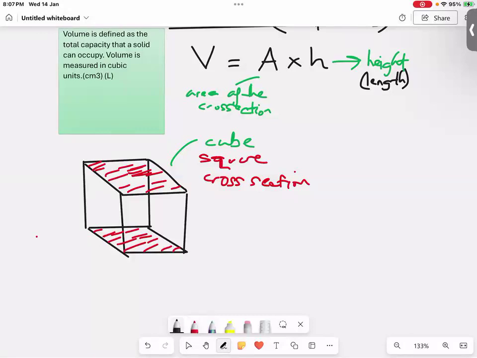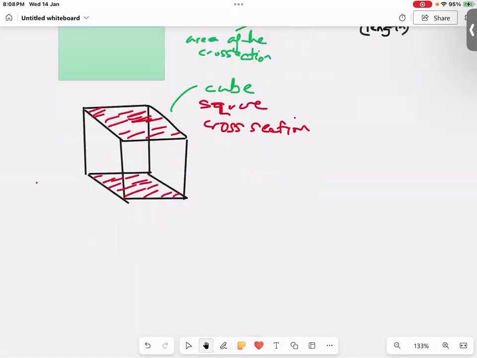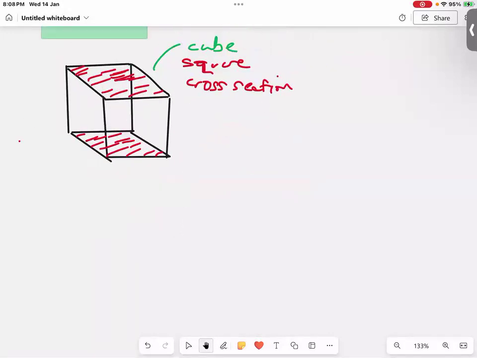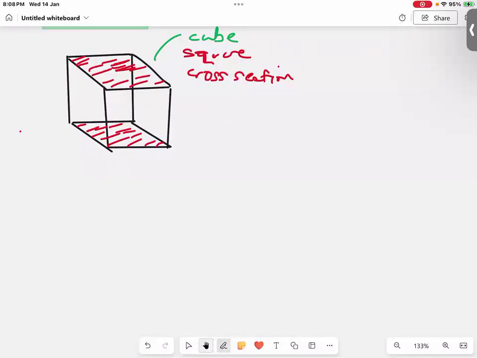Okay, all right. Now, the next solid that I want us to look at is the solid known as a cuboid. And so this is how you draw the cuboid.